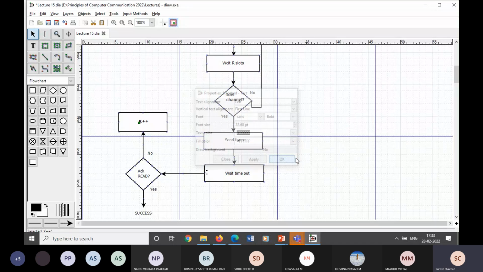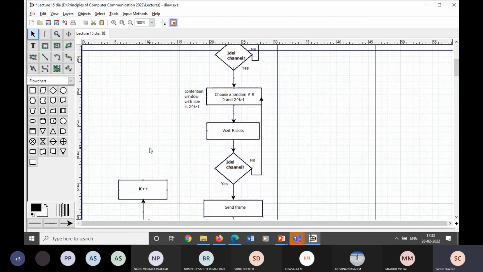As we have seen in all the previous algorithms, we increase K equal to K plus 1, and then we check whether it has reached its limit or not, that is, whether K is greater than K max.